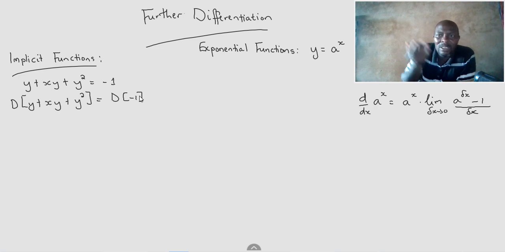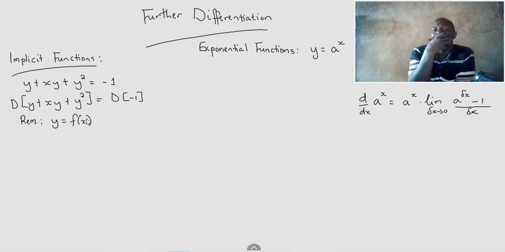If the two are equal, then obviously the derivative of the one side must be the derivative of the other side. Now we say the derivative of that as a function in y, remember, it's implied here that y is equal to f of x. Therefore, that's why we call it implicit differentiation.